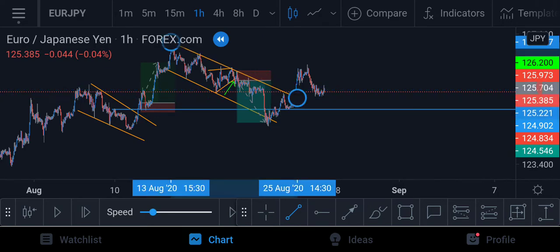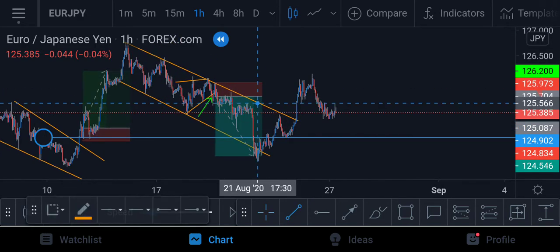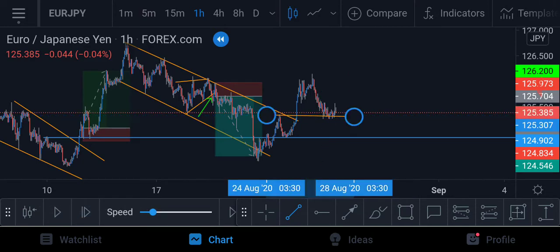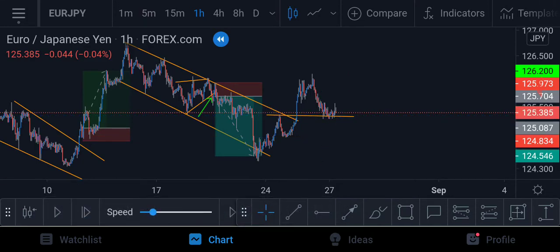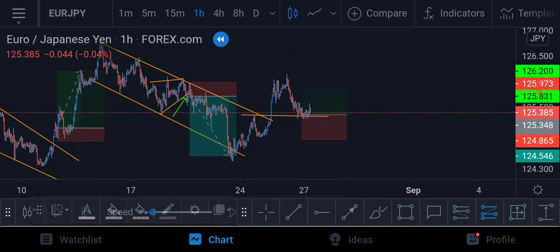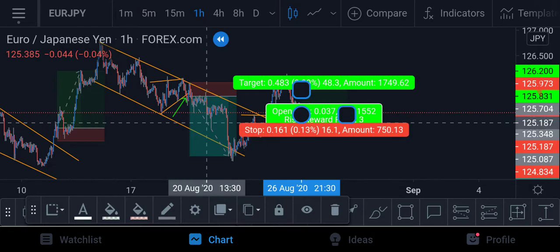Price broke out from this pattern and made a retest of this level. So I am entering a buy order from this retest candle, with the stop just below this level.